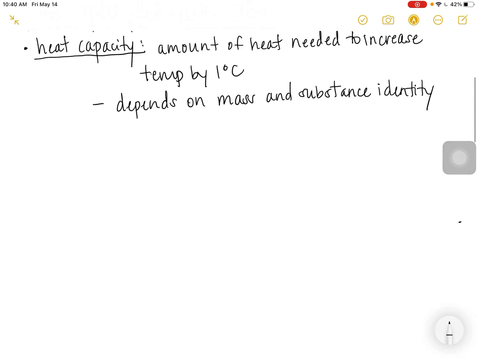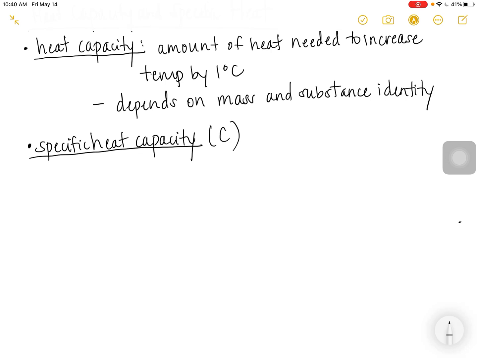So, to be a little bit more specific, we define something called the specific heat capacity. And this is the one we'll be talking about. Specific heat or specific heat capacity gets the symbol capital C. And it is defined as almost the definition we just used with an extra addition.